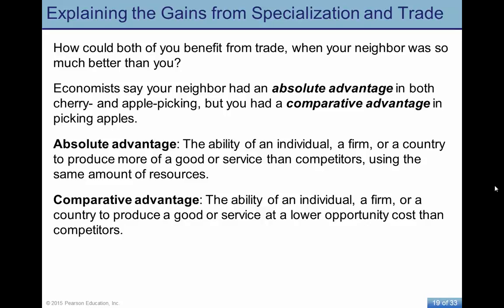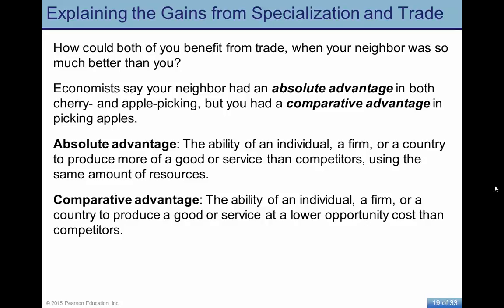What is absolute advantage? Absolute advantage is the ability of an individual, a firm, or a country to produce more of a good or a service than competitors using the same amount of resources.